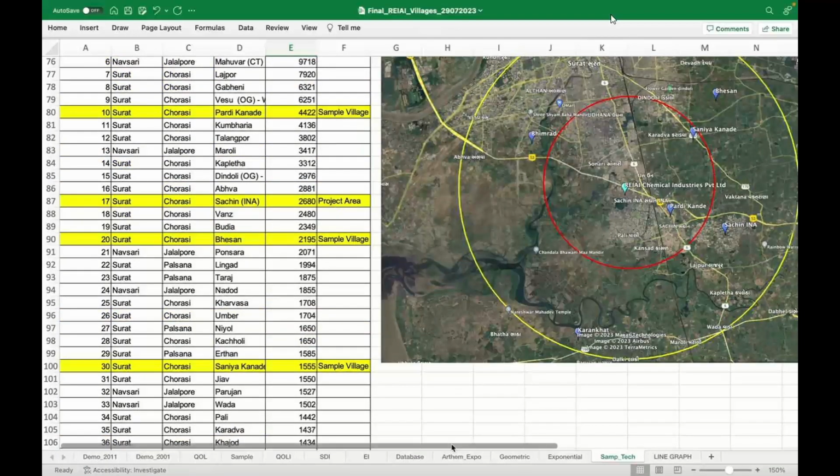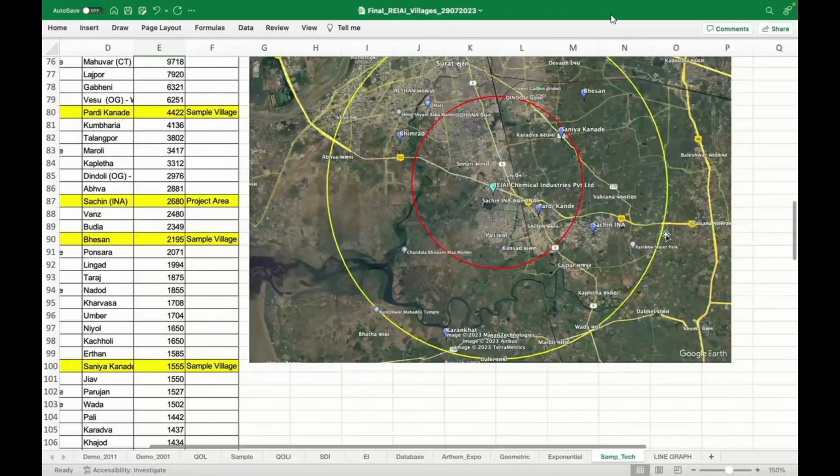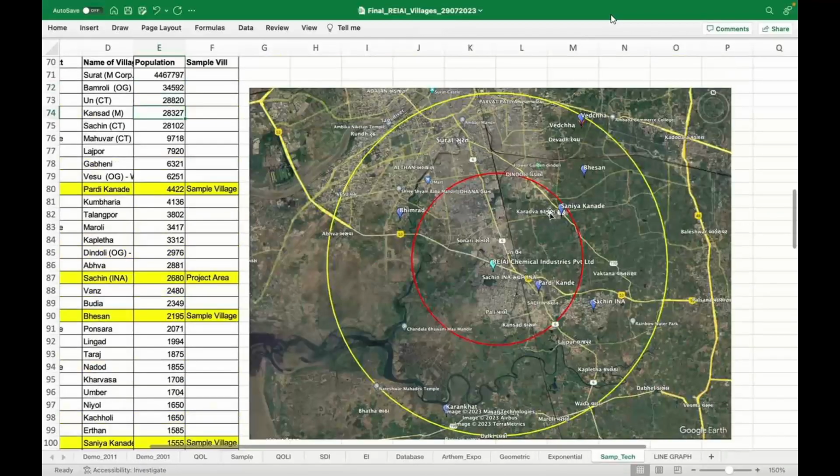Now see the pattern of the sample. Is this okay for a chemical factory that wants to increase its capacity? There is one sample there already.